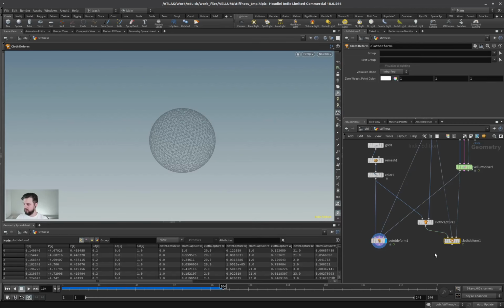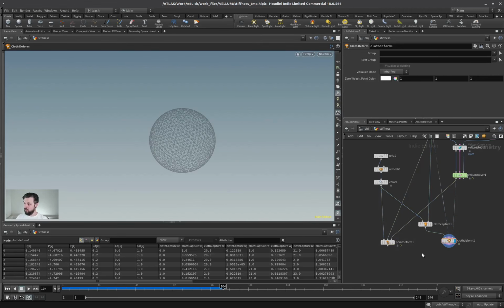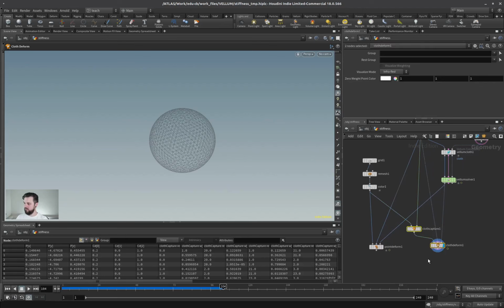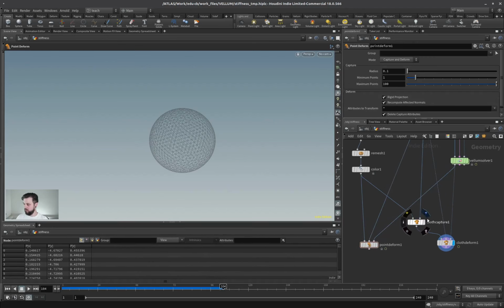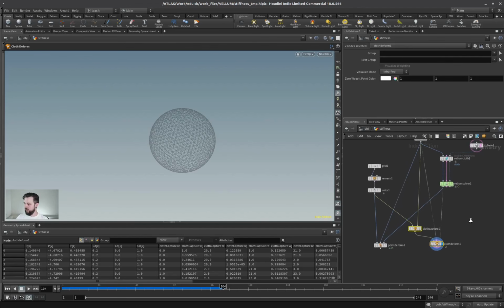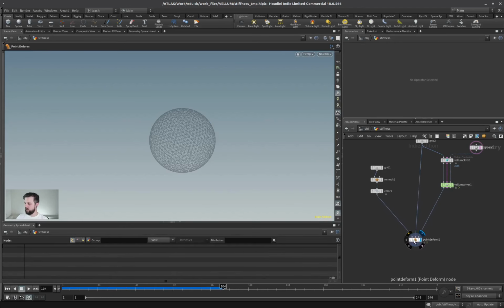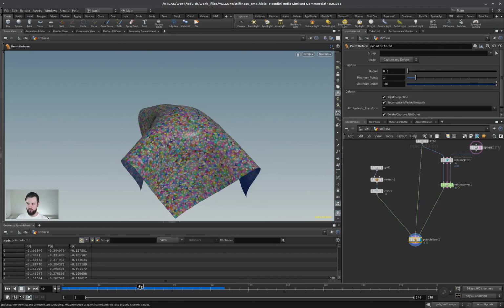You will see that the result is the same if you set it to the same, for example, radius. So to my knowledge, there is no obvious advantage for cloth capture and cloth deform over pointdeform. But I just wanted to make you aware that there is basically a more advanced version of it. But I so far only used the pointdeform without any problems whatsoever.